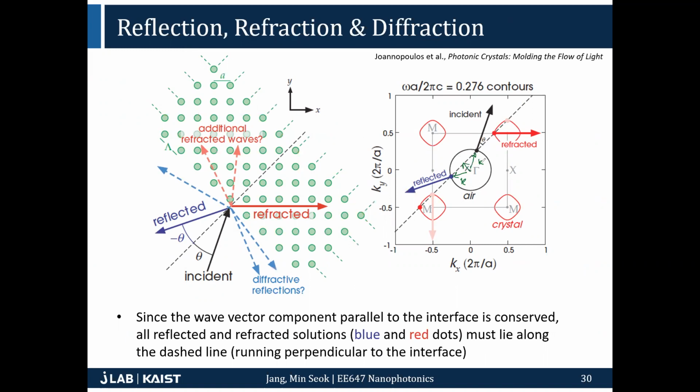Because this has to be preserved, your K point must lie on this line, so that now you have this K vector allowed for refracted light. So in terms of K vector, it should look like incident, reflected, and refracted based on this.